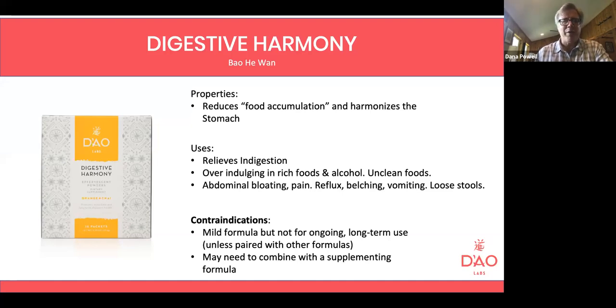It does have some contraindications. This formula is considered mild among the formulas that reduce and guide food accumulation.